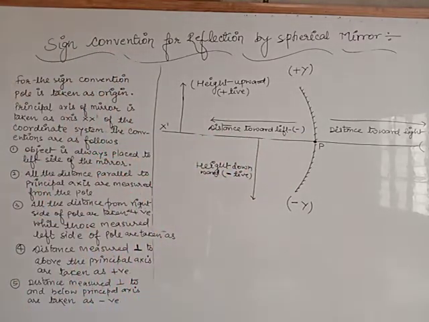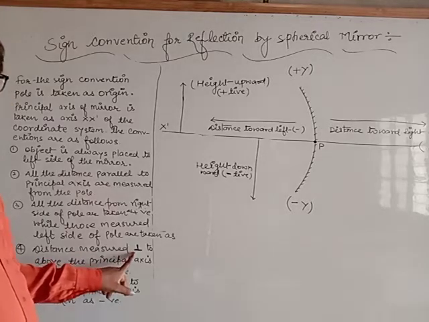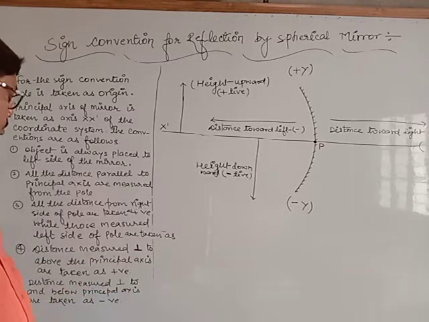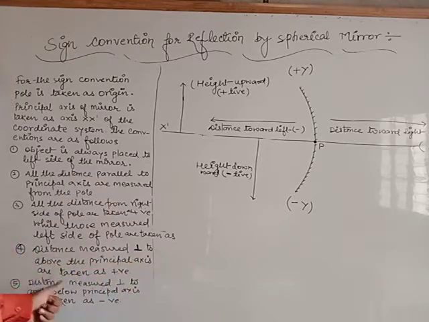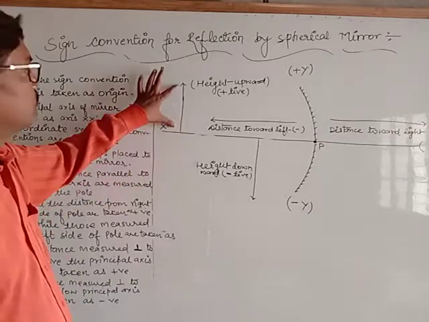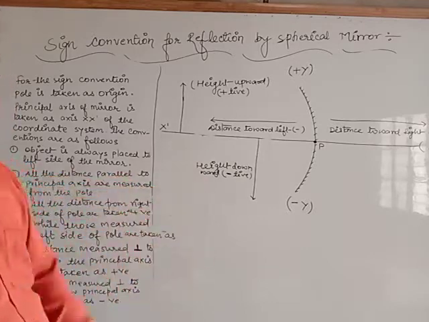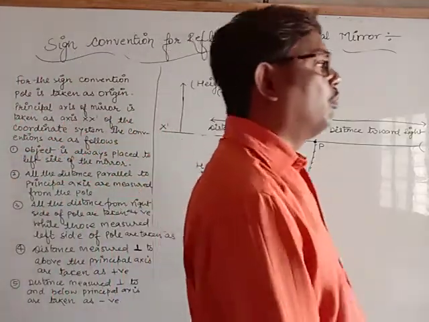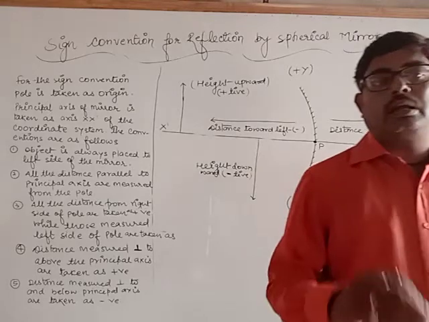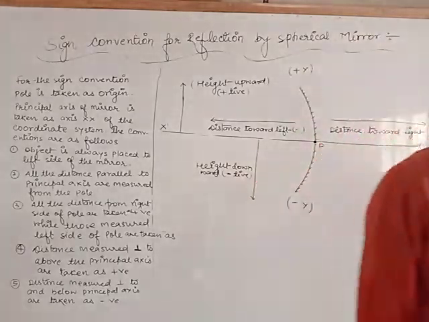Distances measured perpendicular to and above the principal axis are taken as positive, upward. Distances measured perpendicular to and below the principal axis are taken as negative. This sign convention is very important for solving questions.